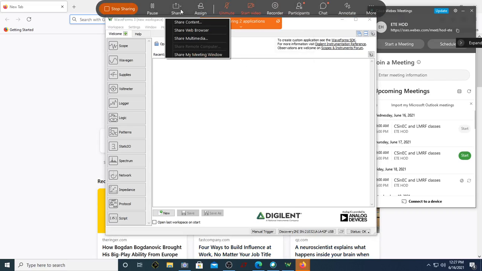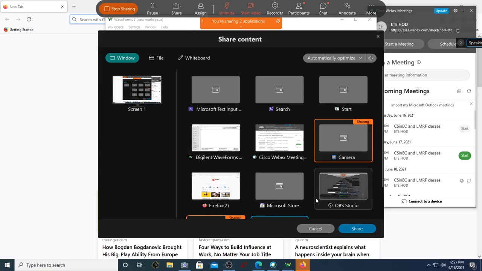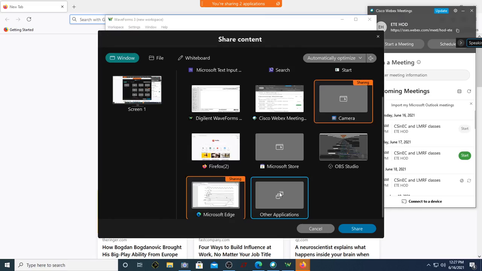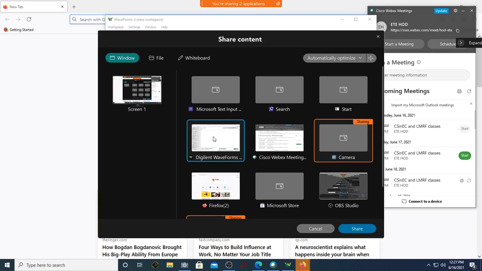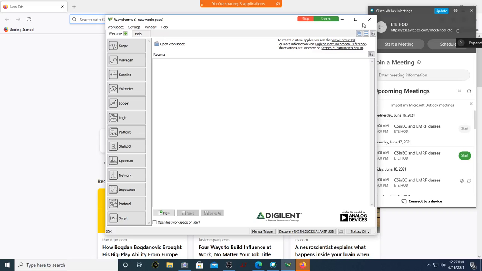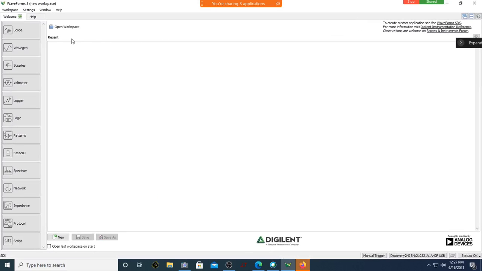Let me share it. Okay, it's here. Can you now see this waveform window?